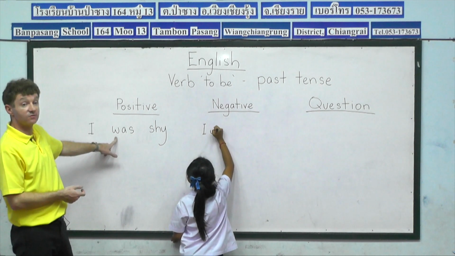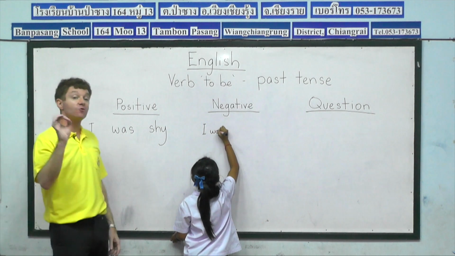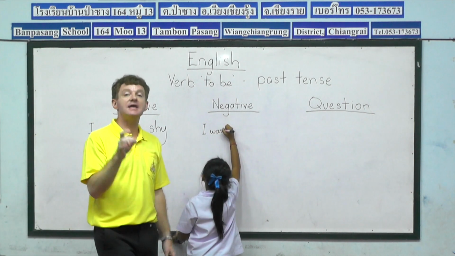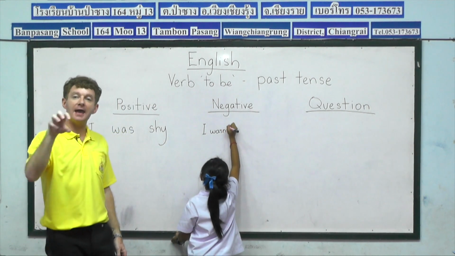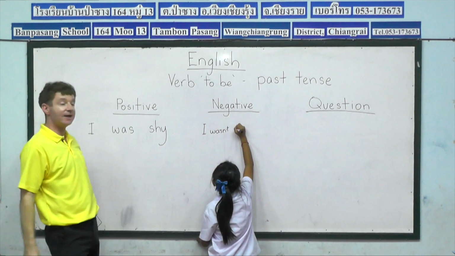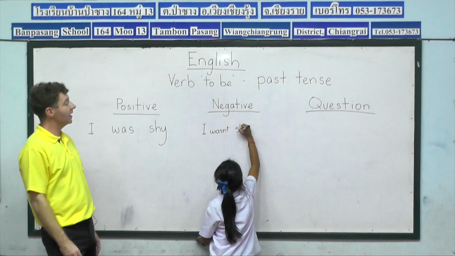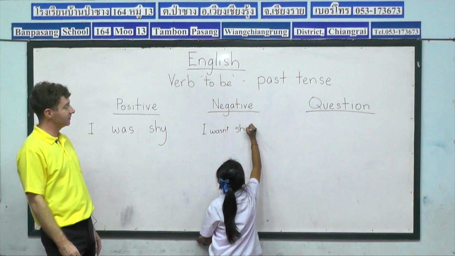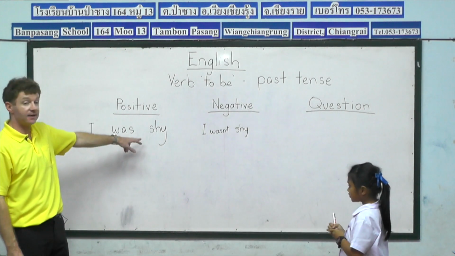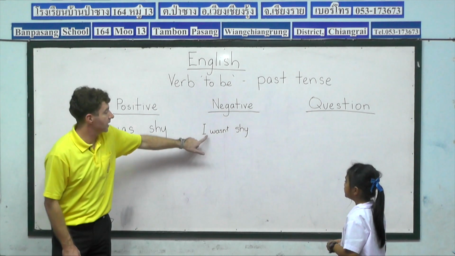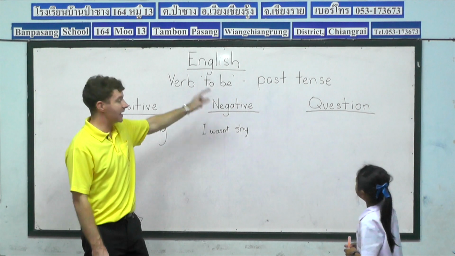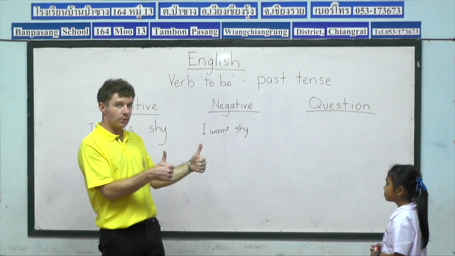We can write was again, and then what letters do we add? N apostrophe T. By using N apostrophe T, we turn the positive into a negative. S-H-Y. Pak Bung, that's excellent. I was shy. I wasn't shy. Negative. We're halfway there.